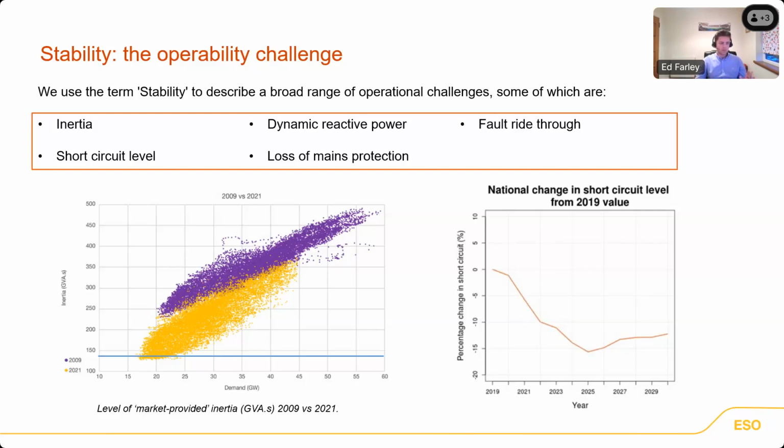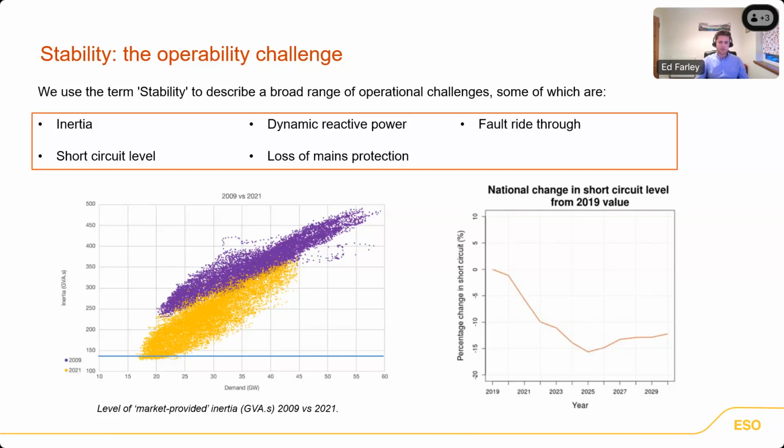The purple dots are the inertia contribution from the energy market in 2009 versus in gold, the same metric for 2021. The first observation is demand has reduced quite significantly between that time period, but more interestingly for this presentation, the contribution of inertia from the energy market has also declined quite significantly.